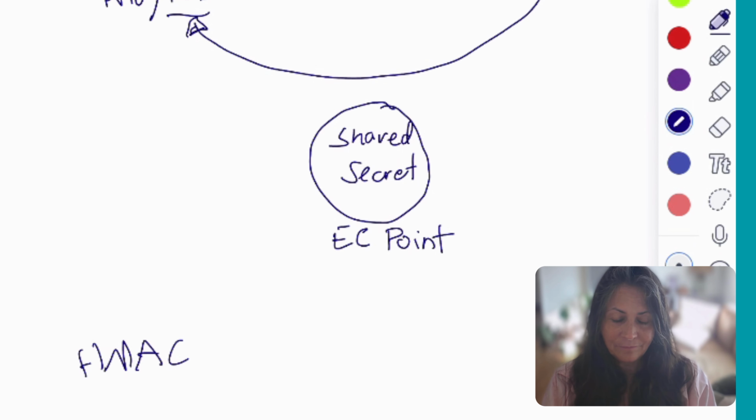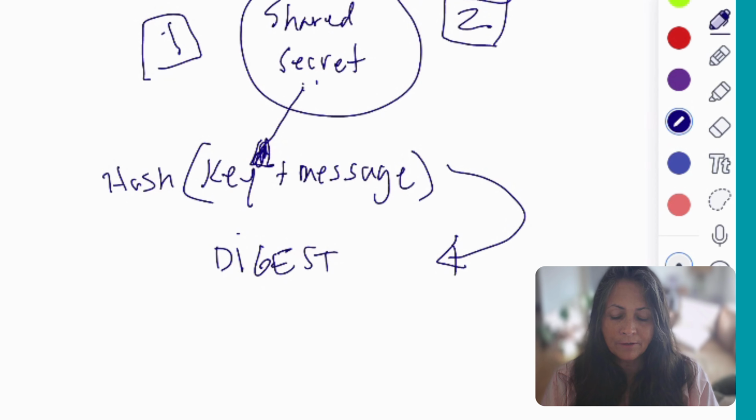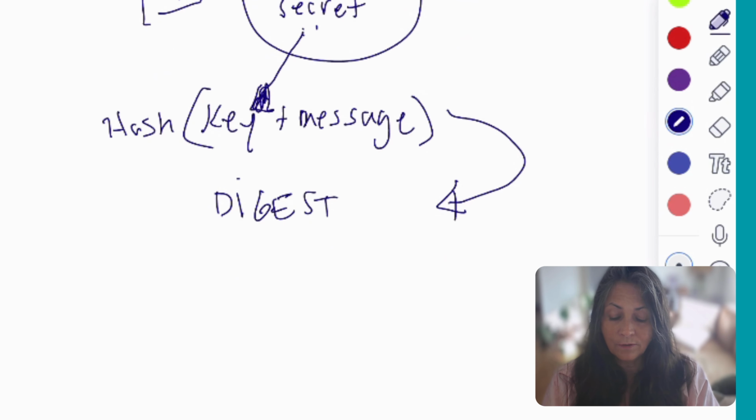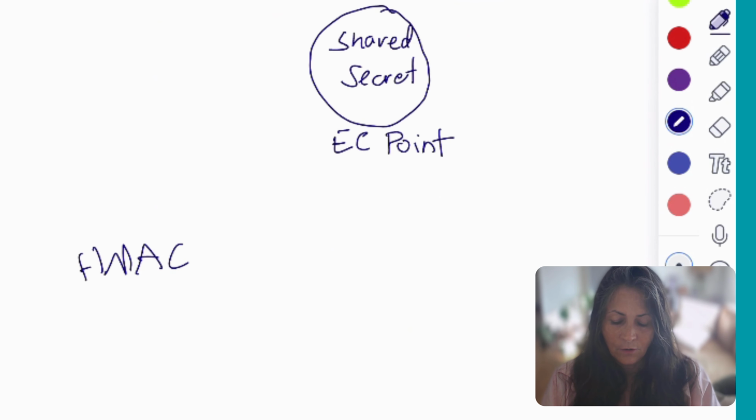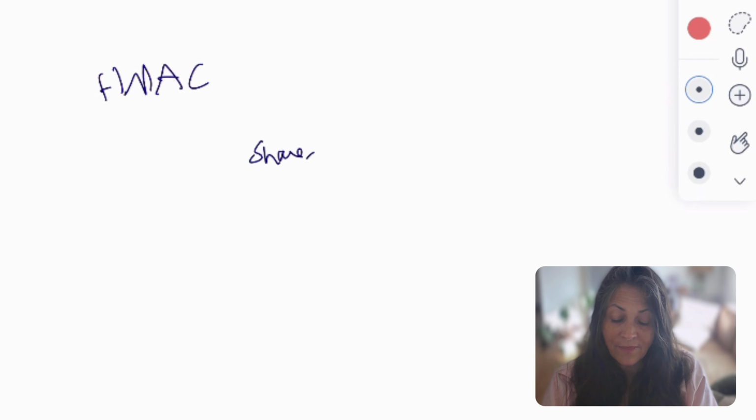So as I set up here, key plus message gets you a digest once hashed. The key is this ECC point. So we've got our shared secret that we created together with our public keys, sender and receiver. And that is the key.